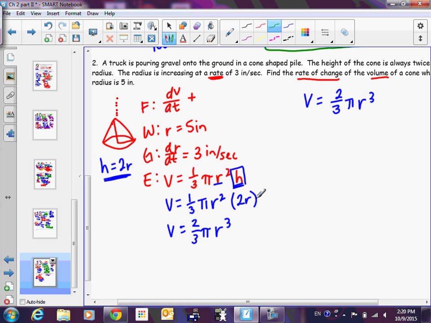Okay, what's the next step? Deriving, yes. When you distributed the 2 to the 1/3, then you'd get 2/3 pi, and then R times 2R. So this is all being multiplied.